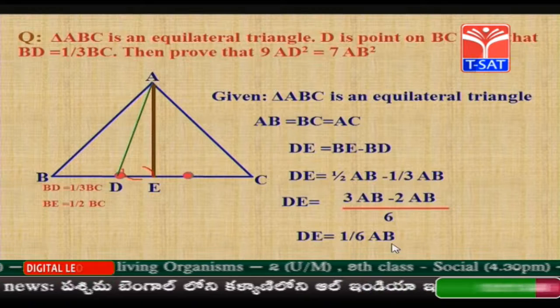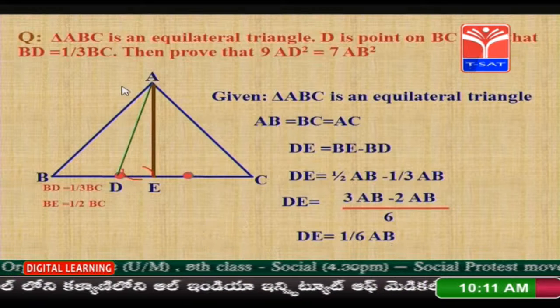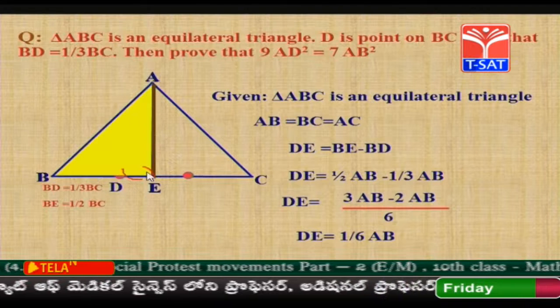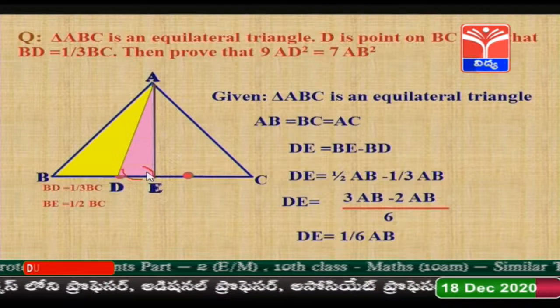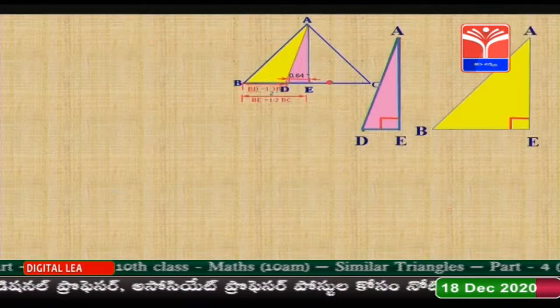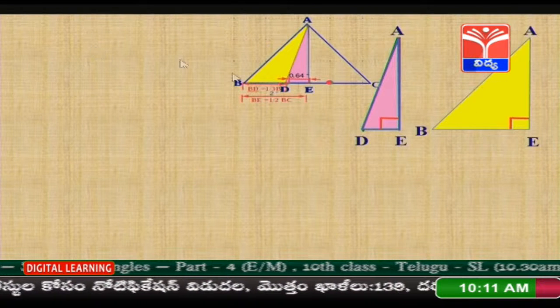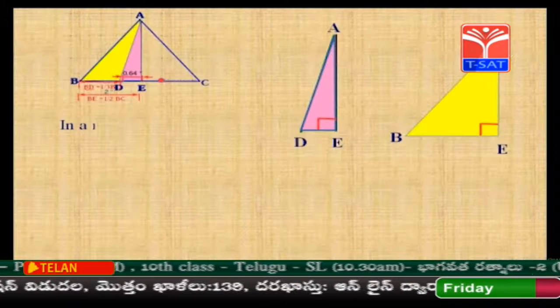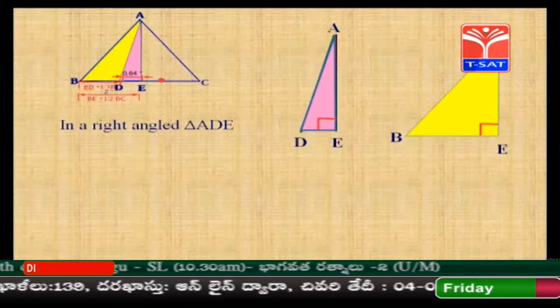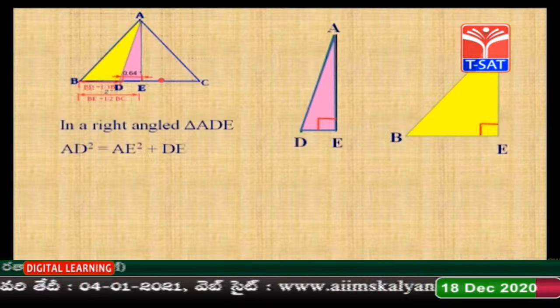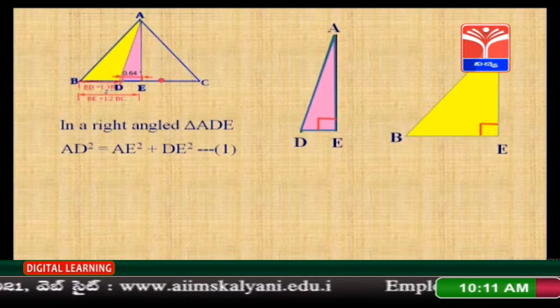Now, consider triangles AEB and AED. See, this is AEB and this is ADE. I am considering these two triangles only to prove the required result. Now, in right angle triangle ADE, we can write AD square, hypotenuse, is equal to AE square plus DE square.